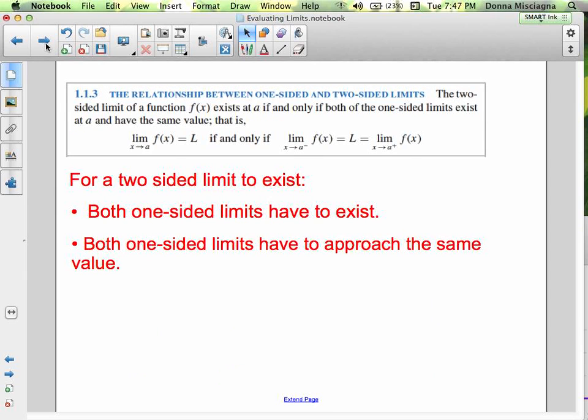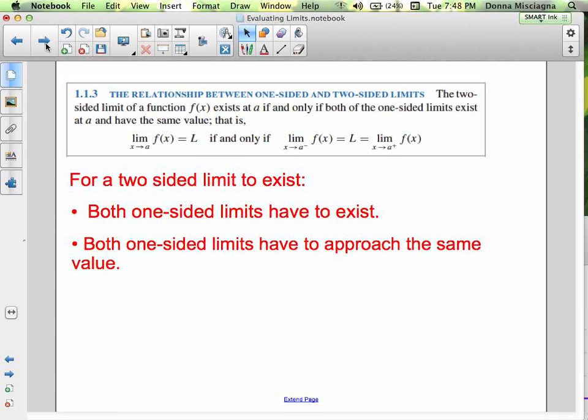All right, so we're going to be looking at evaluating analytically. Before we do that, though, let's review one-sided and two-sided limits. And this is also in your notes. So the relationship between one-sided and two-sided limits. The two-sided limit of a function f of x exists at a if and only if both of the one-sided limits exist at a and they have the same value.